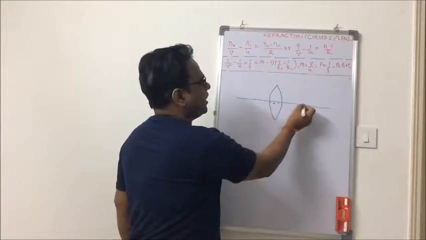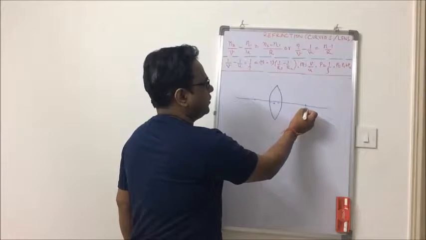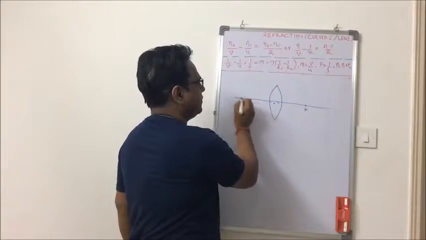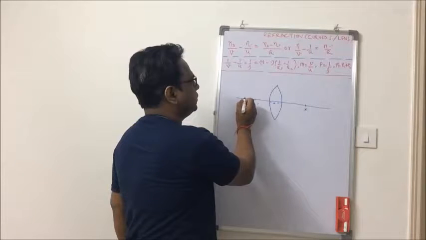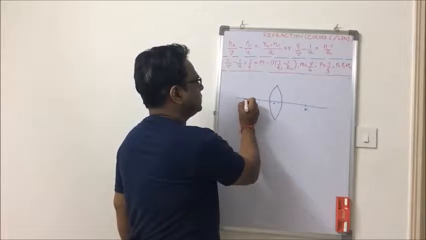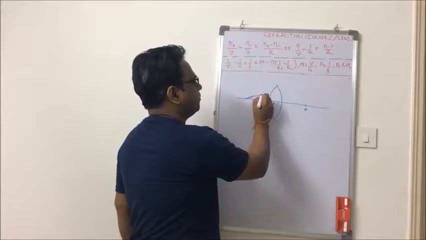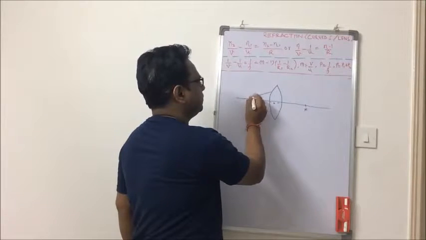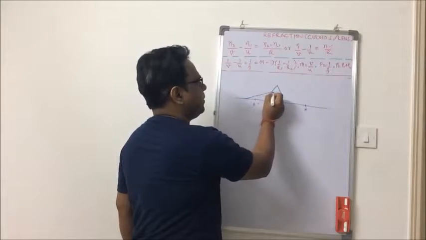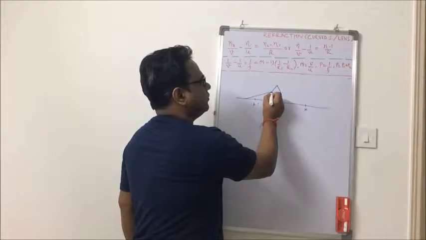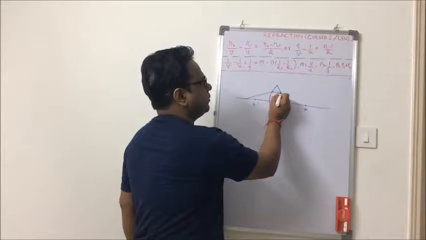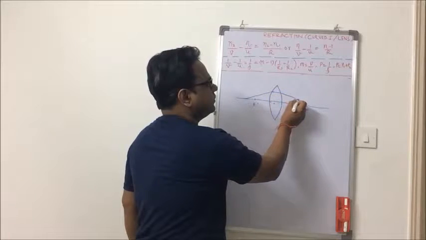Let's say this is your F, this is F dash, and we took an example like this. It will be going something like this, and then it will be going something.